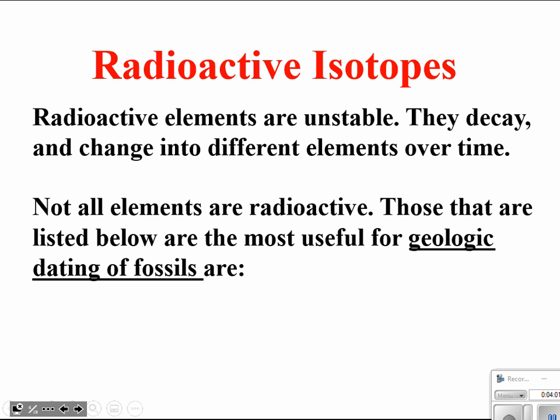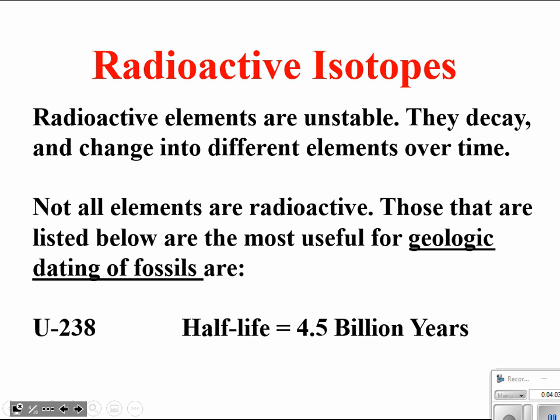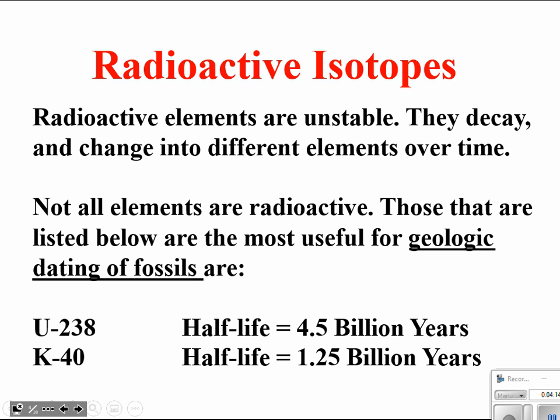But nonetheless, these fossils: uranium-238 has a half-life of 4.5 billion years. Maybe that's where that 4.5 was coming from. Potassium-40 has a half-life of 1.25 billion years. Carbon-14, we discussed that earlier.